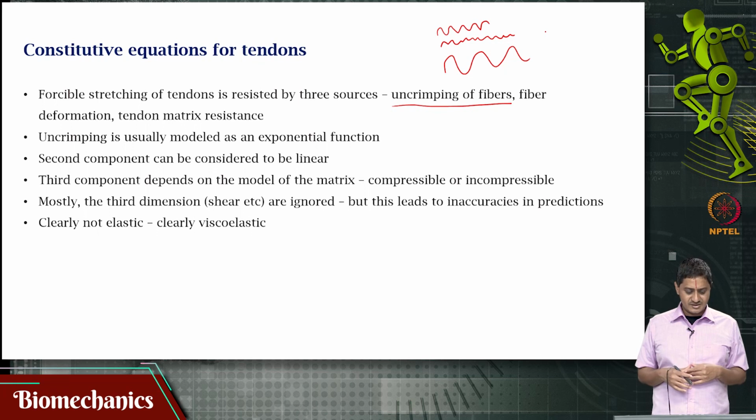The third component actually depends on the model of the matrix and the components of the matrix itself. Is it composed of compressible or incompressible material? How you model that will define whether the third source, the tendon matrix resistance, is linear or not linear.